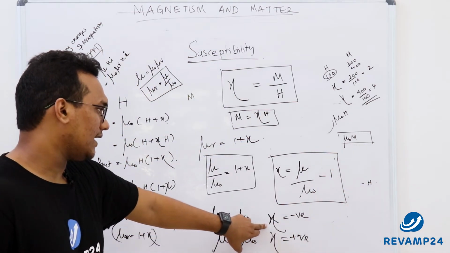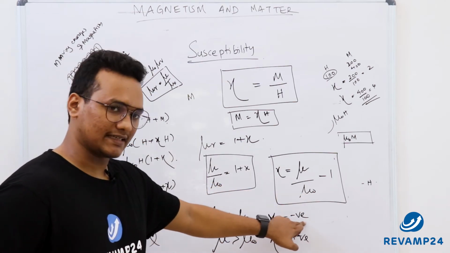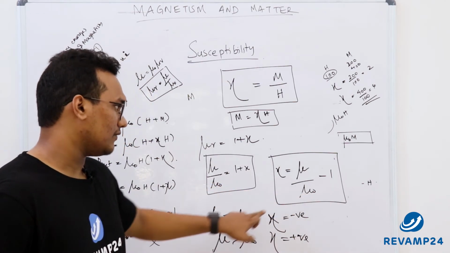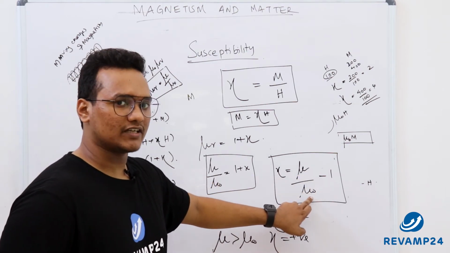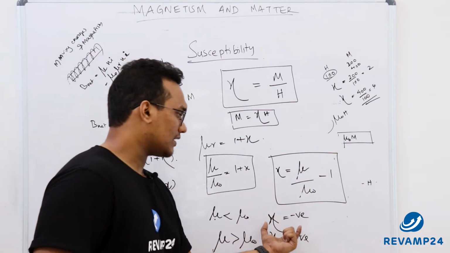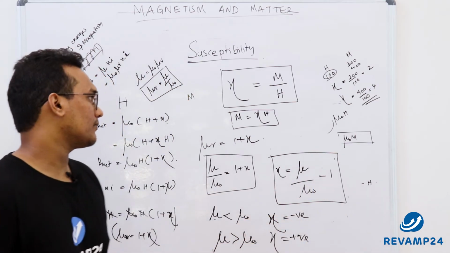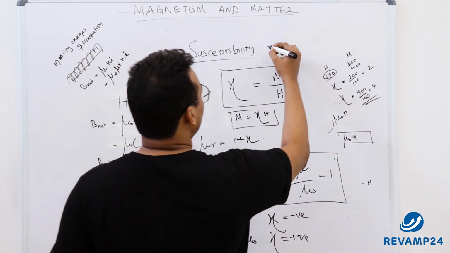Now certain materials have mu less than mu0. For those, susceptibility is negative. For certain other materials, when the permeability is more than the permeability of free space, the susceptibility is positive. Now what will happen when susceptibility is a negative quantity? Let's say we have a solenoid here.